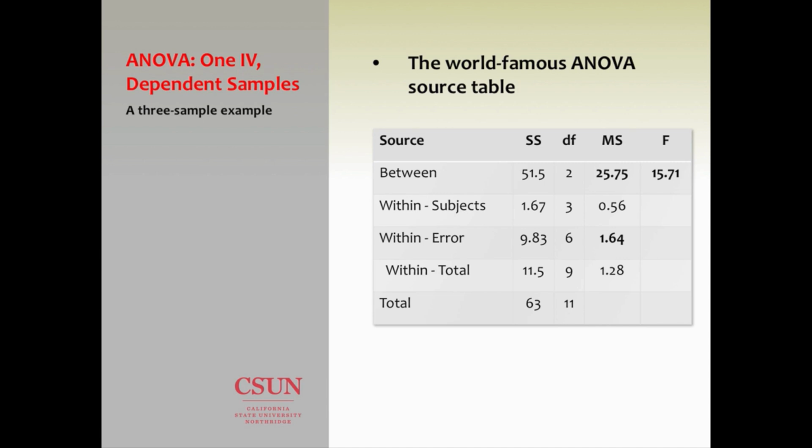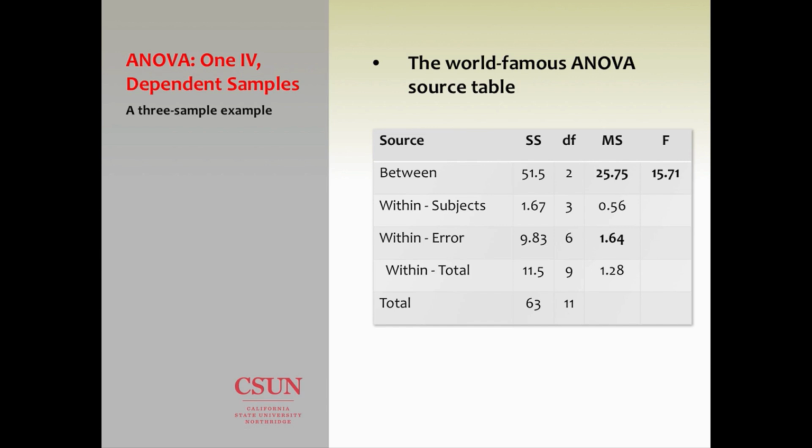That first row is consistent with the last world-famous ANOVA source table that I showed you for independent samples examples. The between groups variance is calculated the same way whether you have independent or dependent samples. So your sum of squares there is 51.5, degrees of freedom 2, mean square 25.75, and F statistic 15.71.